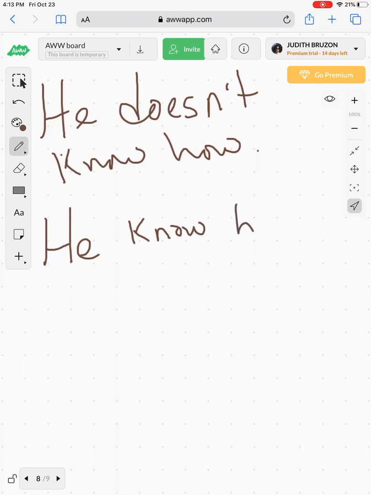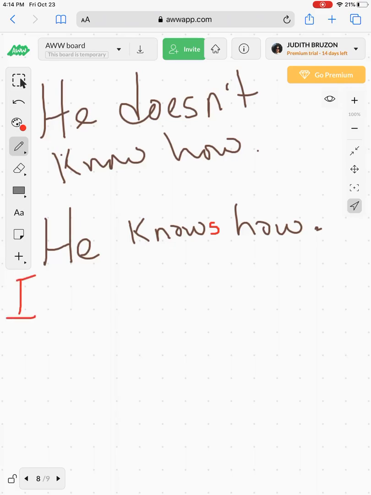So, because he is a singular subject, what needs to happen to my verb? Is that correct right there? What is my main verb missing? You are totally right. I need an S, okay? Because every time I write a present simple tense statement in the third person singular, my verb is going to need some type of S, okay?